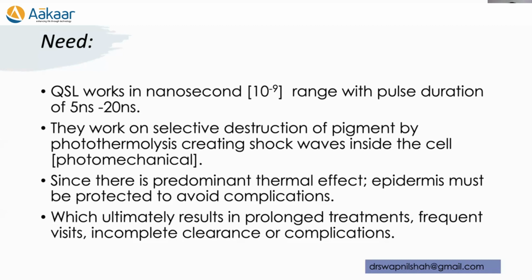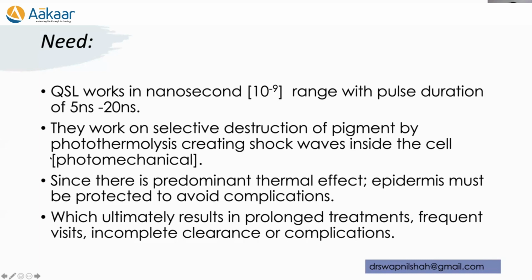The sudden shorter pulse duration of the Q-switch laser generates a shock wave inside the cells, and they have a little photomechanical effect in addition to the photothermal effect. Since the Q-switch laser works predominantly with thermal effect, we have to protect the epidermis in our type of skin, otherwise we will land in complications such as hypo or hyperpigmentation.